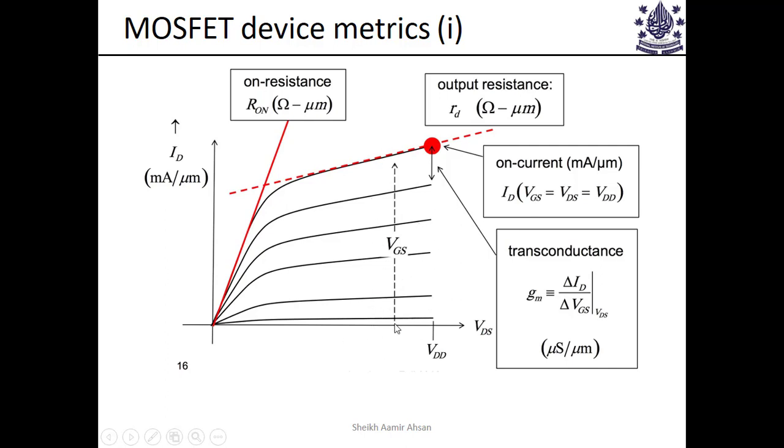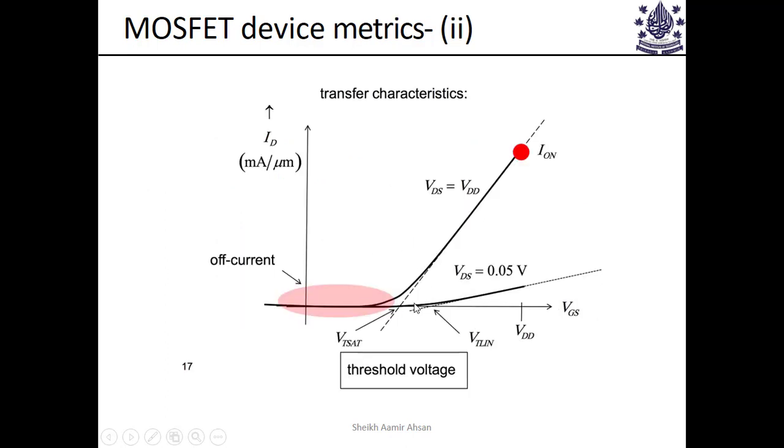For that we'll have to plot current as a function of VGS, because we want to see the transfer characteristics, and from that we can understand the transconductance. For example, in this case, this is the transfer characteristics, ID versus VGS, right? So we see that this is the linear case, as we mentioned earlier. This is the saturation case where VDS is nearly VDD, or the available supply voltage.